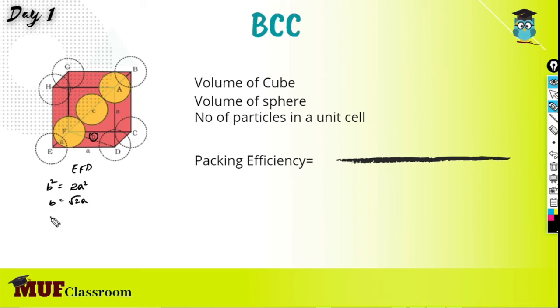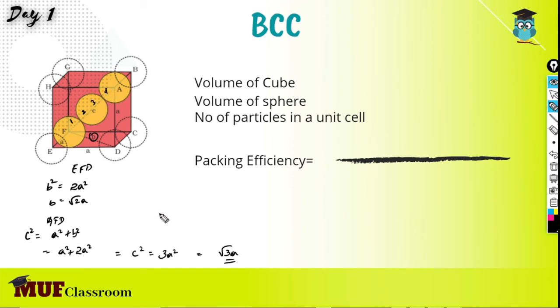Now finally, in triangle AFD, C square is equal to A square plus B square. So A square is equal to A square, B square is 2A square. Therefore, what we get is C square is equal to 3A square, which gives C equal to root 3 A. Now the relation between the edge length of the cube and the radius of the sphere will be as 1, 2, 3 and 4.